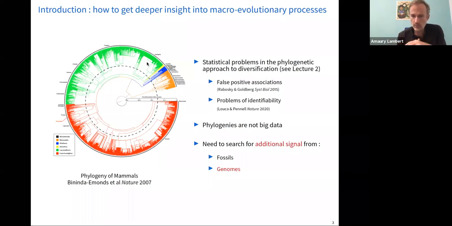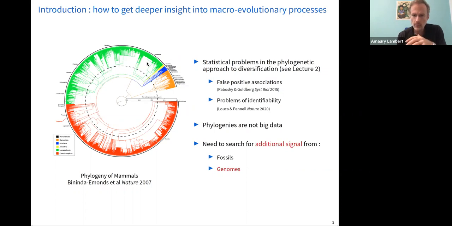And indeed these methods would detect an association. So that's the first class of problem, false positive associations. And the second class is the problems of identifiability, where for different scenarios of time variation of the diversification rate, you get the same likelihood of the reconstructed phylogeny.